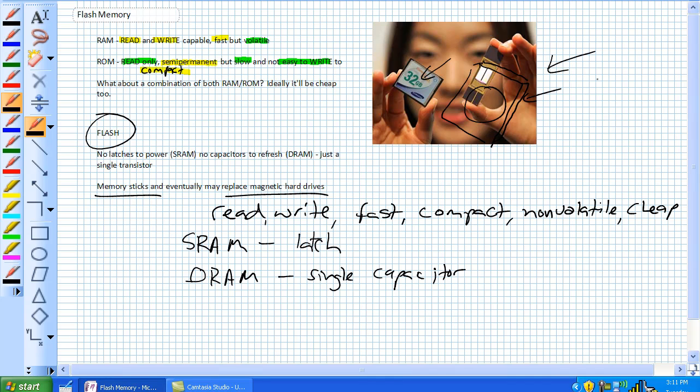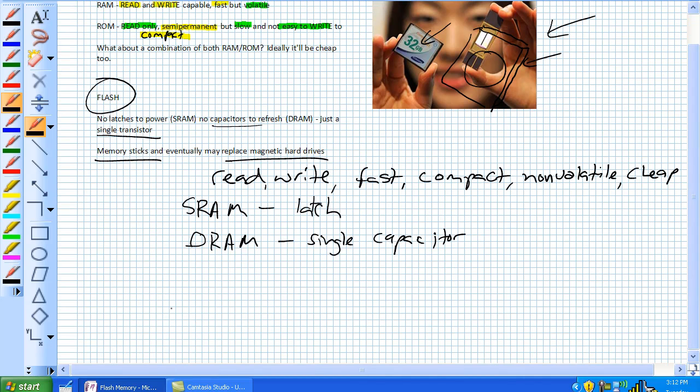We'll go over magnetic drives later. But super compact, super cheap. And how flash does that is it's just a single transistor. It's not a latch, which is a bunch of transistors. It's not a capacitor and a single transistor. It's just a single transistor.